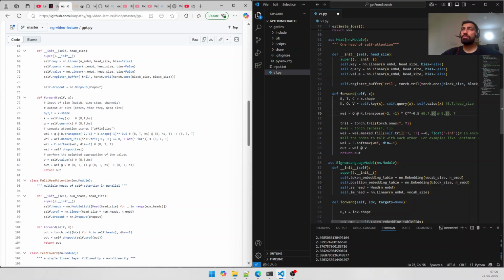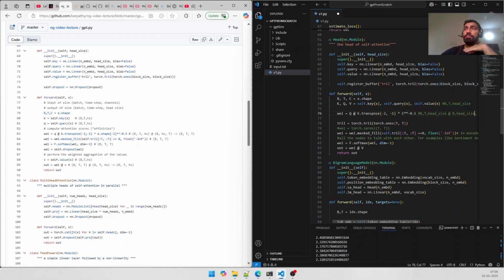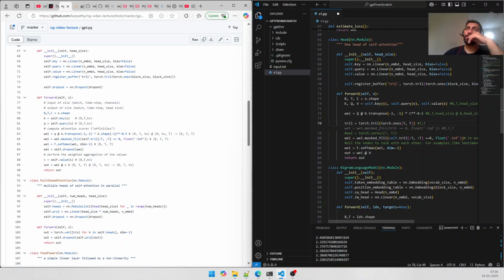And here also B T, B T head size, and this will be equal to head size. Tril will do a T by T.